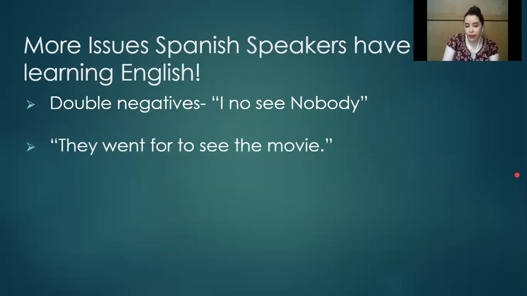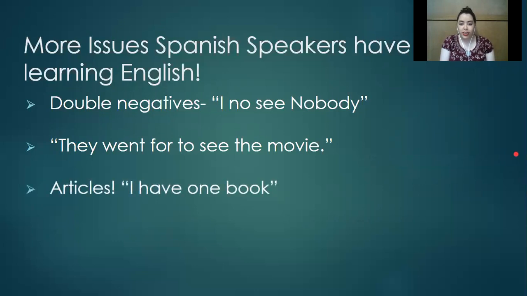Another one is they went for to see the movie. Spanish speakers might do this a lot, the for to, because in Spanish we would say para ver, which would be literally translated to for to see. So maybe just reminding them that you don't use for and to together in this way.